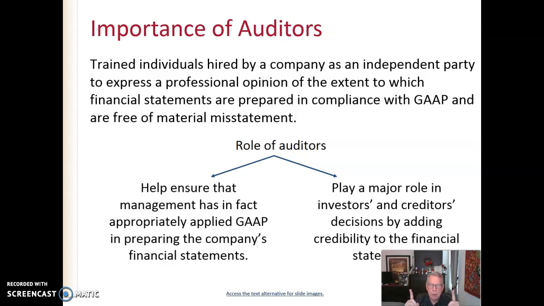But those two things. So the role of the auditors helps ensure that management has in fact complied with those generally accepted accounting principles. And they play a major role then in the decisions of the investors and creditors because it provides credibility to the financial statements.